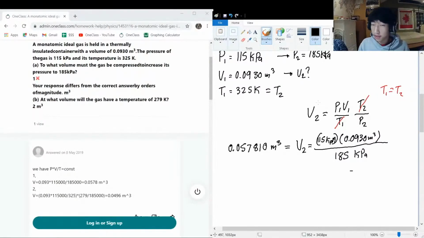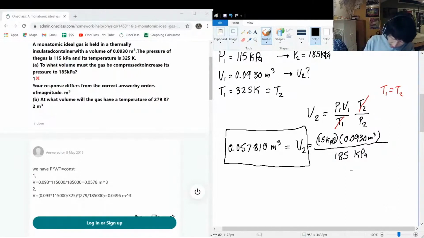And this makes sense because if we increase the pressure, that means we have to reduce the volume, and the volume is smaller than it was originally. So this is going to be our brand new volume value. Okay, so that will be our result here. Cool. And we got the same thing? Yes, we did. So that's awesome.